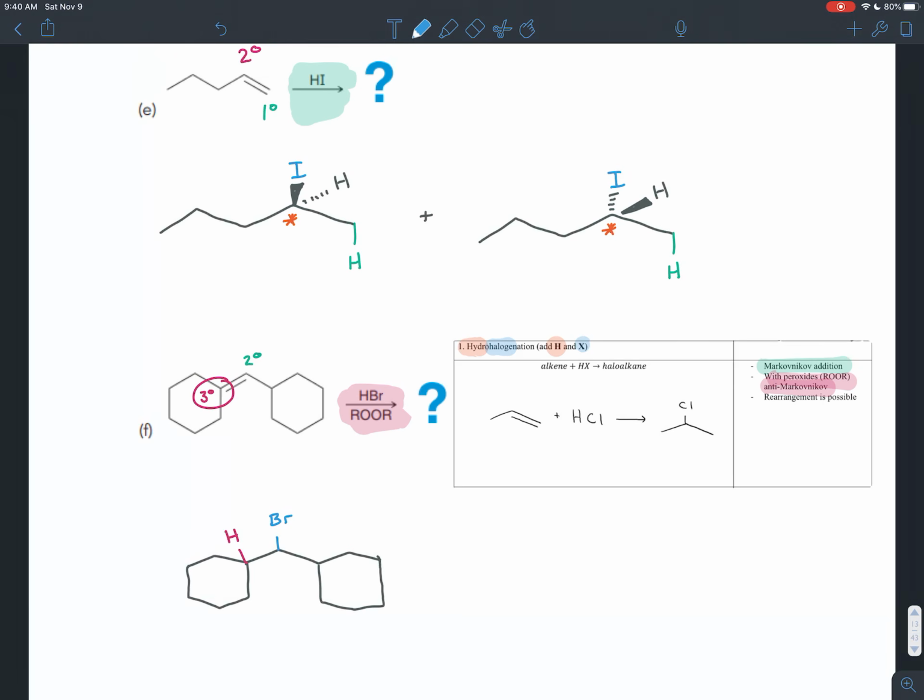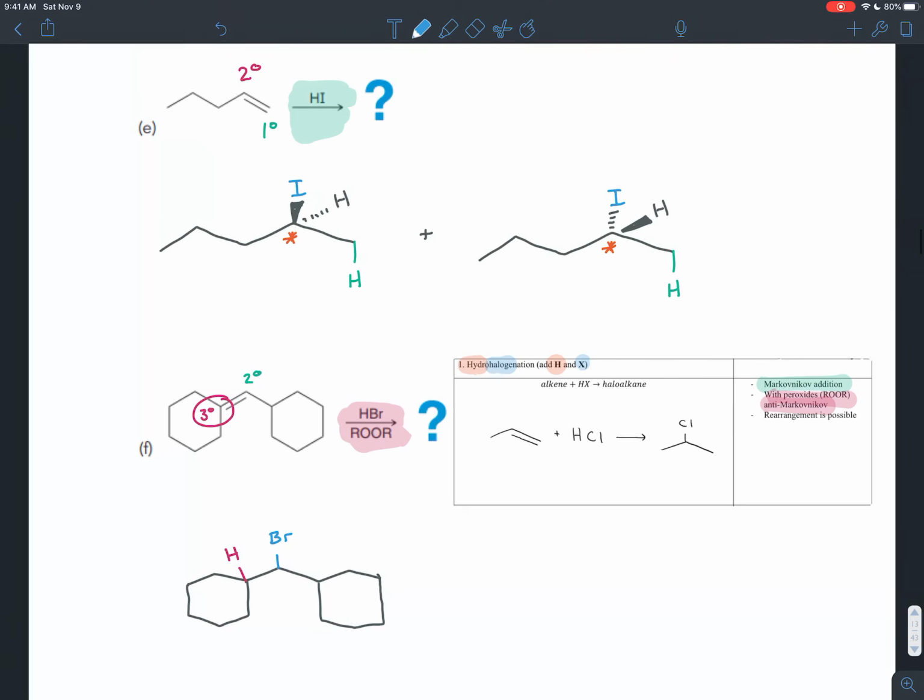You have to worry about rearrangement, so always think about the carbocation that's formed after you add the hydrogen and whether it can rearrange. And you have to think about chirality. So in this case, if you form a chiral center, you end up getting both of the enantiomers, a 50-50 mixture of the 2 enantiomers. And that's how you can think through these hydrohalogenation synthesis exercises.